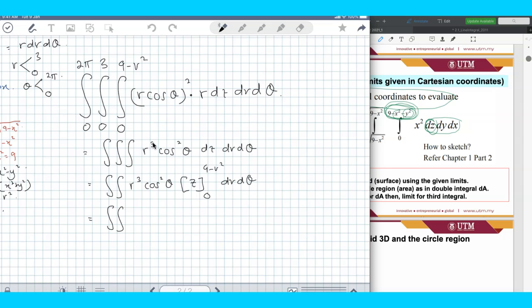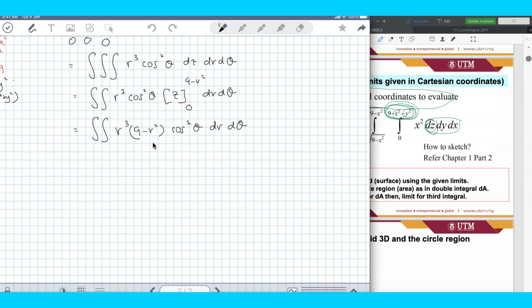Now we only have r and theta. So r cubed times 9 minus r squared, cos squared theta, dr d theta. I expand that: 9 r cubed minus r to the power of 5, times cos squared theta, dr d theta.